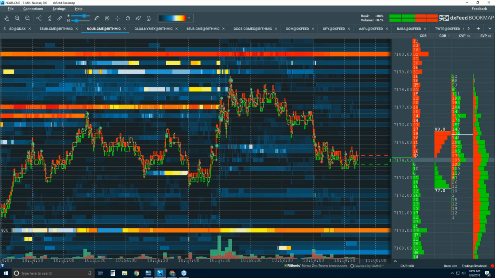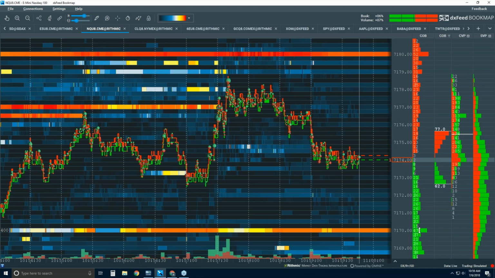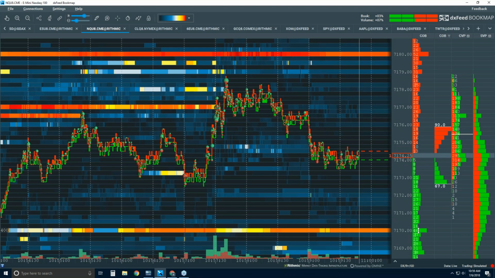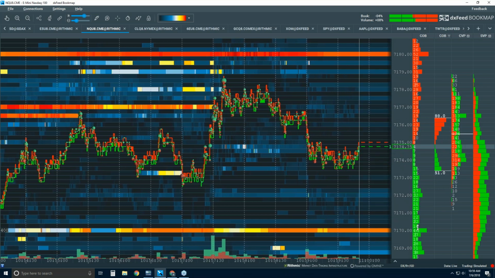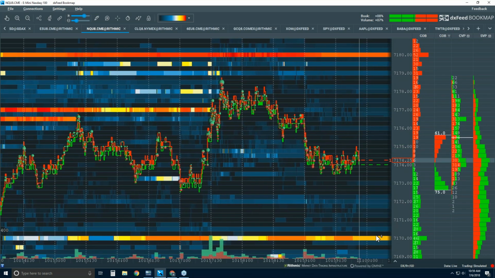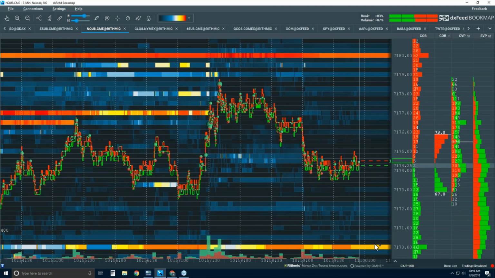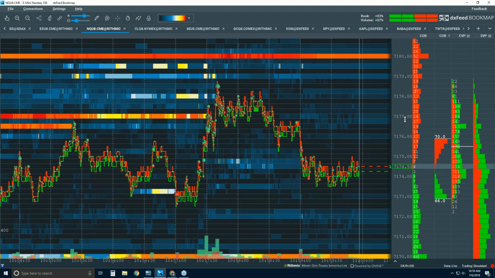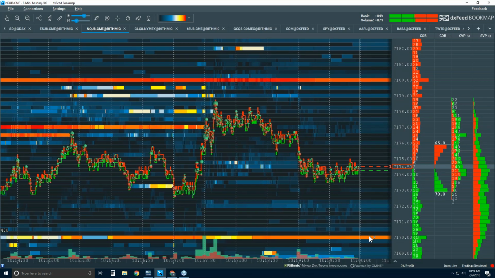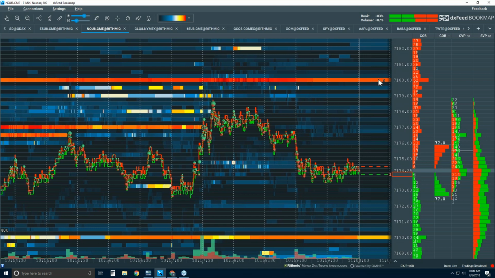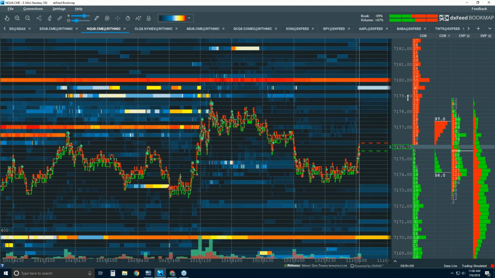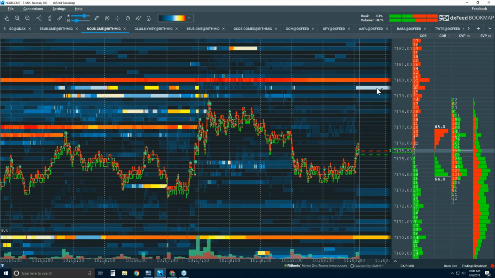What we do in this window is transpose these numeric values, and they become a graphical representation. What we're showing here in our heat map is very high liquidity, and this is where it is. When these numbers change, the heat map changes.